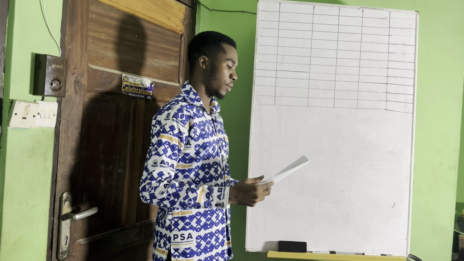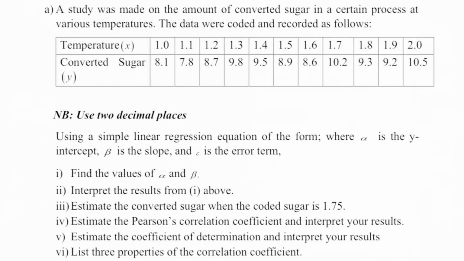Okay, so I'm reading it. It says a study was made on the amount of converted sugar in a certain process at various temperatures. The data were coded and recorded as follows. So you have temperature in brackets X, then you have 1.0, 1.1, 1.2, 1.3, 1.4, 1.5, 1.6, 1.7, 1.8, 1.9, and 2.0.